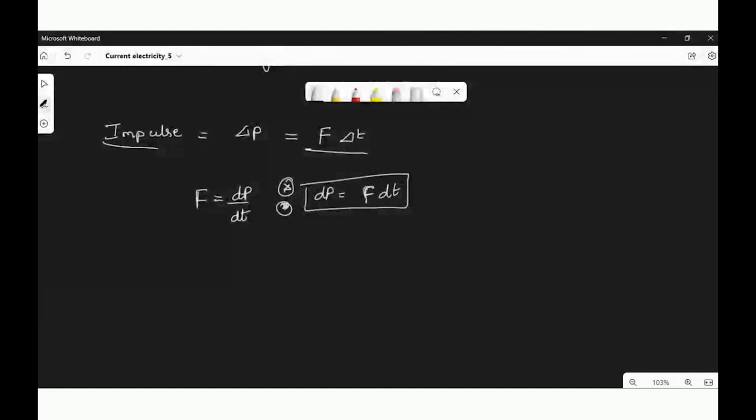Once I get the initial and final velocity, I can get the change in momentum, because momentum is mass into velocity. Finding the action time is difficult, but it is easy to find the change in momentum of the body. So whenever we want to know the duration of the force, we do it indirectly by finding the change in momentum.